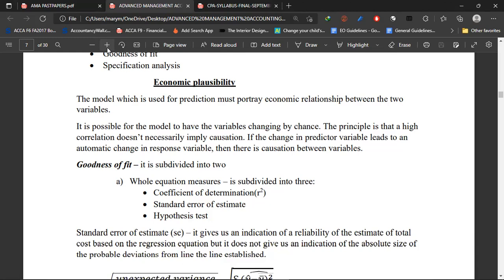I think economic plausibility was explained with the aspect of production, where I said that most organizations, basically for production, look at the budgeted value which they have. This budgeted value they use, for instance, to determine the number of products they are supposed to produce. It depends on what they are producing.